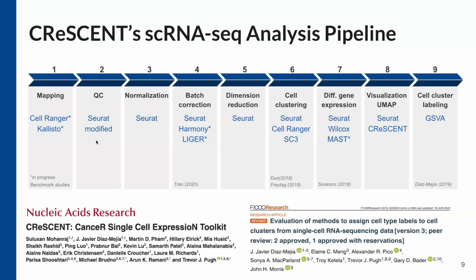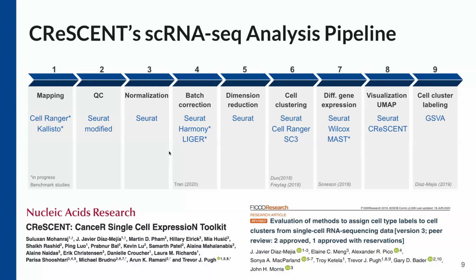This is the time where you want to filter out certain cells, based on the counts of RNA or the counts of genes or the mitochondrial count, which might tell you the health of the cell. So dying cells are not very useful in single cell RNA-seq. Also, two cells that have been trapped into a bubble will show way more transcripts, and those have to be filtered out. We call them doublets. So a lot of this QC is handled by Crescent, but you can change all of these parameters yourself as well.